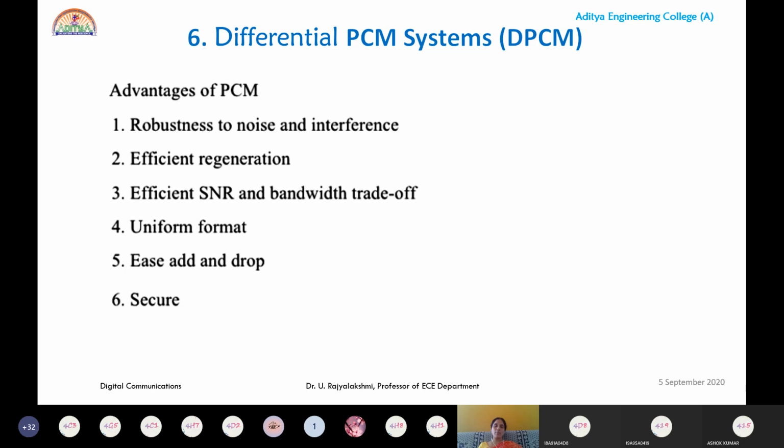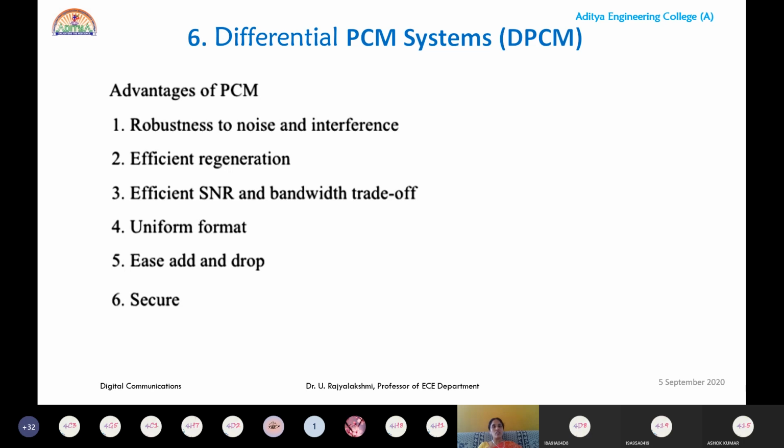There are many samples, where n ranges from minus infinity to plus infinity, and for each sample we have a certain number of bits. All the bits for a particular sample are transmitted in PCM, so we need a trade-off between SNR and bandwidth. That SNR-bandwidth trade-off is very efficient in the case of PCM.